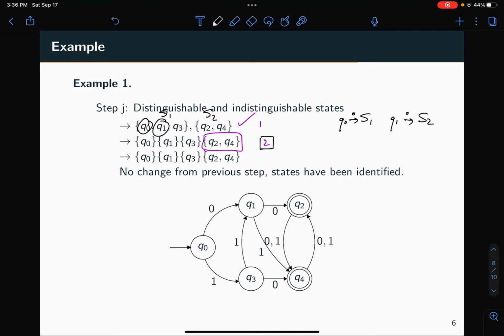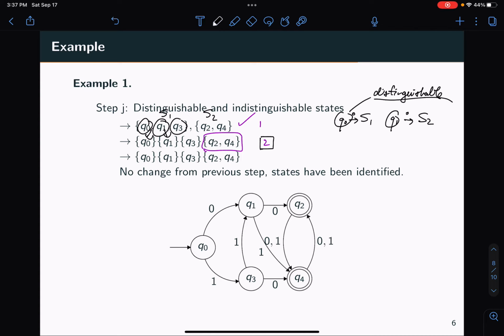So already, these two states are distinguishable. And so I know that I can split this partition already. So now the only thing I need to check is whether Q3 is indistinguishable from either Q1 or Q0.